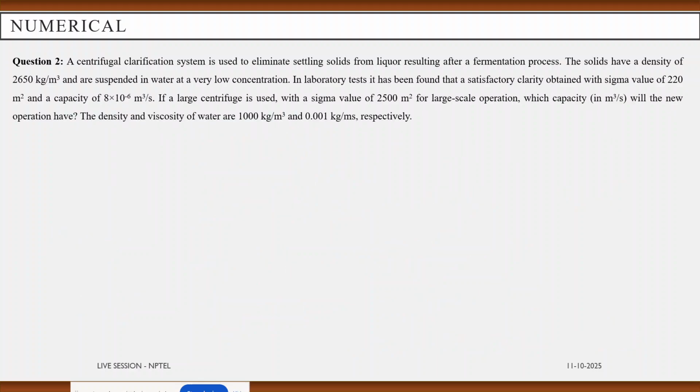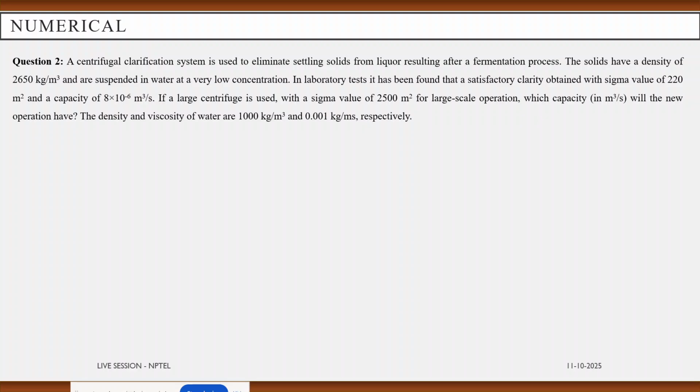Now we will move to the next question, that is the same type, where a centrifugal clarification system is used to eliminate the settling solids from the liquor resulting after fermentation. The solids have a density and they are suspended in water at a very low concentration.